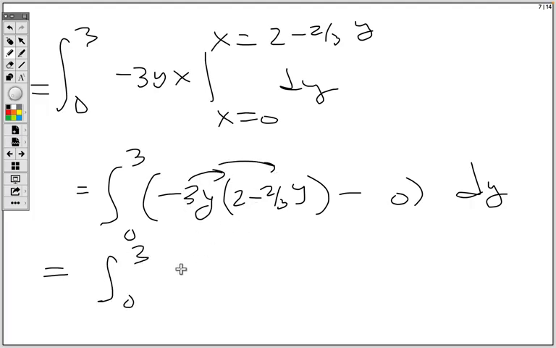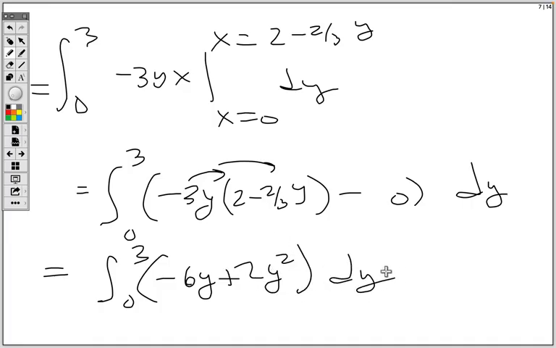We've got a minus 6y. And then what would this be? A plus what? 2y squared. Now we integrate this, just like the old days.